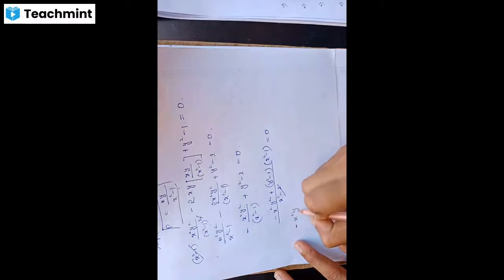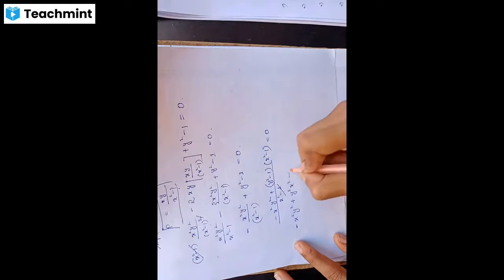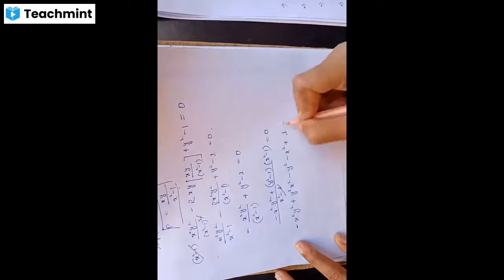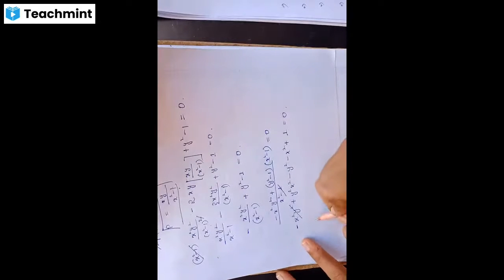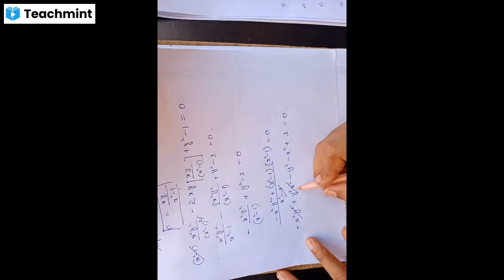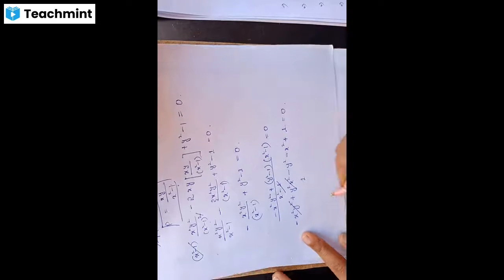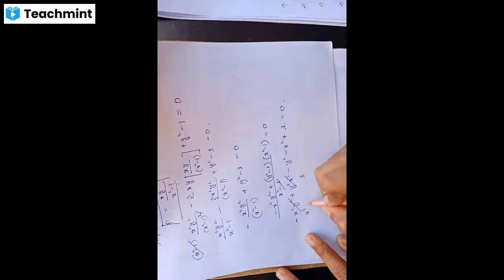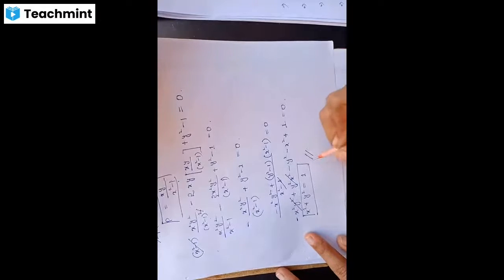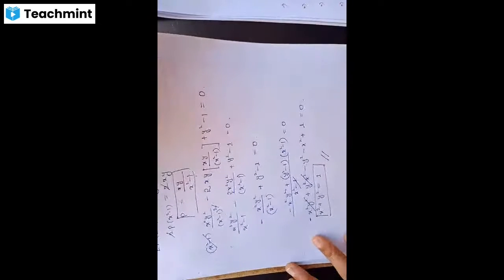So −x²y² + y²x² − y² − x² + 1 = 0. The x²y² terms cancel. The remaining is −y² − x² + 1 = 0. Take the negative terms to the right hand side, so it becomes x² + y² = 1. This is our required singular solution of the equation.